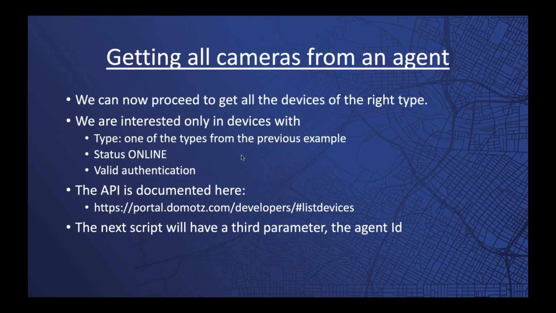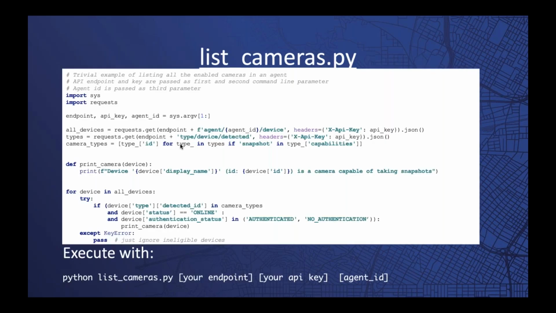The API I'm going to use is documented, of course, on the Domotz portal. And so the next step is a little bit more complex than the previous one because we are going to do more calls. First of all, we need a third parameter as a command line parameter, that is the agent ID we are going to inspect.